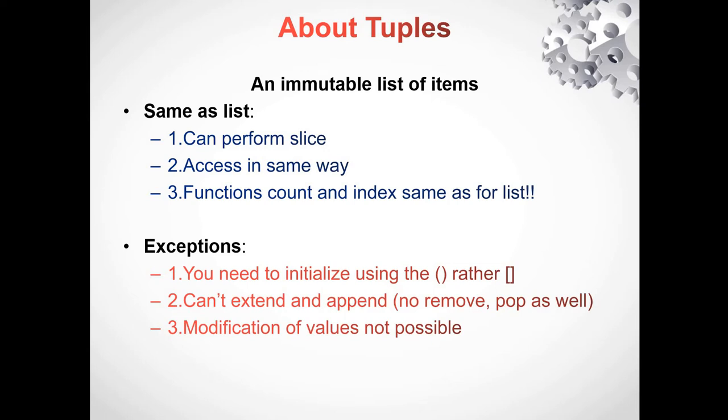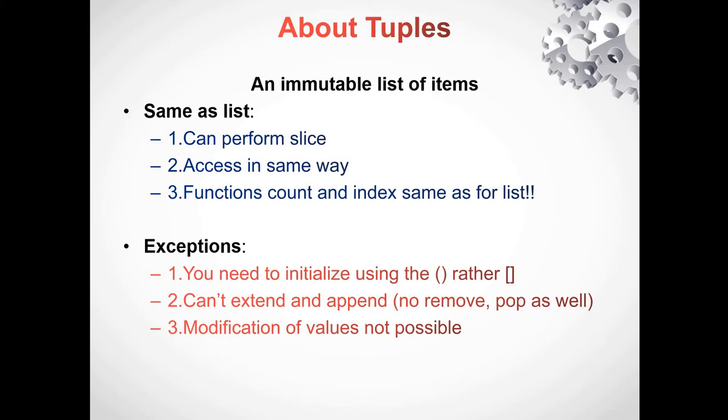Same functions can be used for tuples as well, right? But what you cannot do, what are the exceptions compared to lists? When you use a list and when you use a tuple, what is the difference? The differences are listed under the exceptions. The first is you need to initialize using parentheses rather than brackets. You initialize a list using brackets, but to initialize a tuple you need to use parentheses.